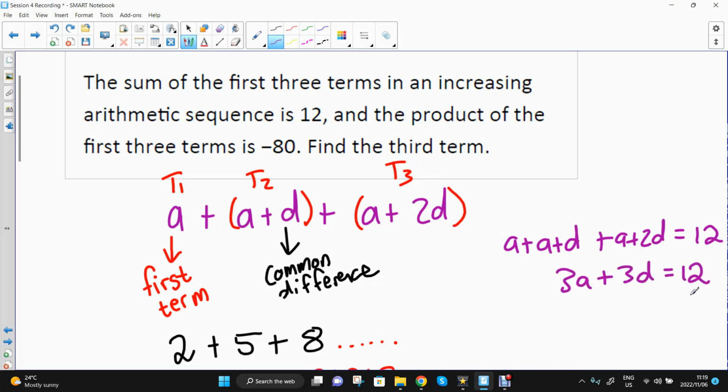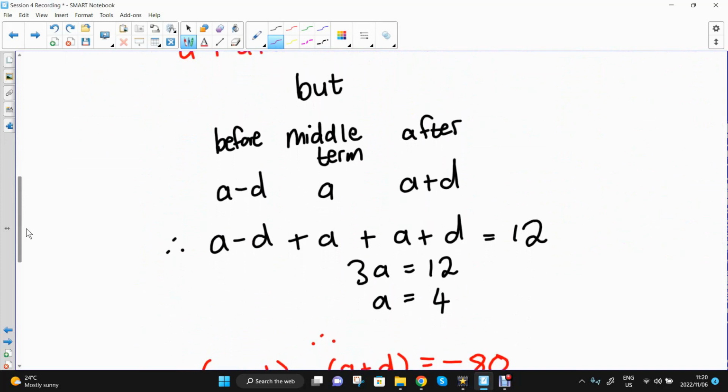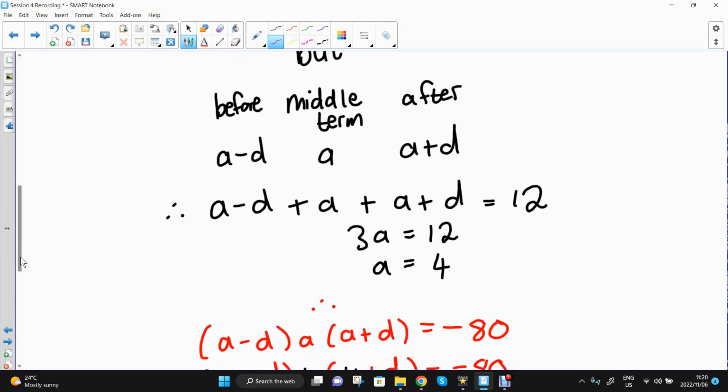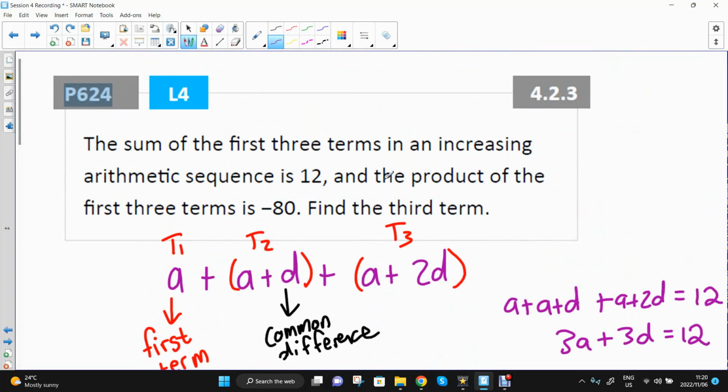Then you'll have to find another equation with two variables so that you can solve them simultaneously, and the algebra just becomes intense. So it is just quicker to go this route. Nice and easy, you get your first term and you are done. Then to get your common difference, we use the second scenario. If you go up to the question, they say the product of the first three terms is minus 80.